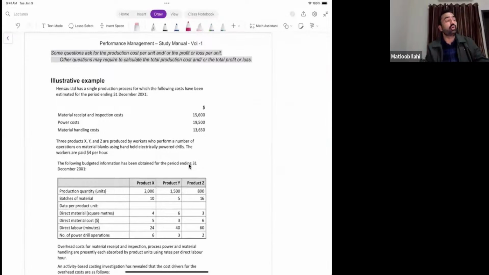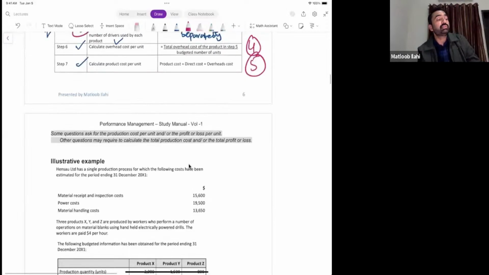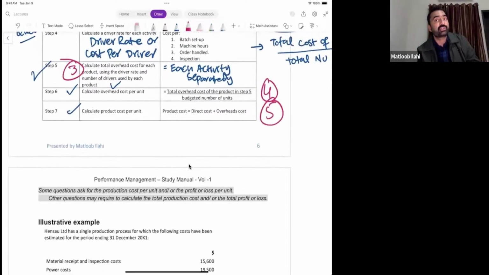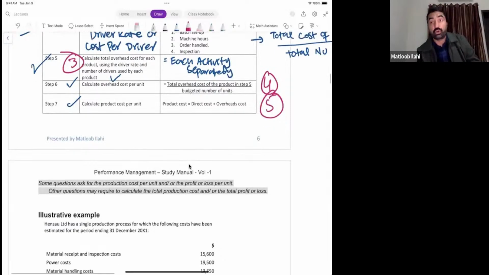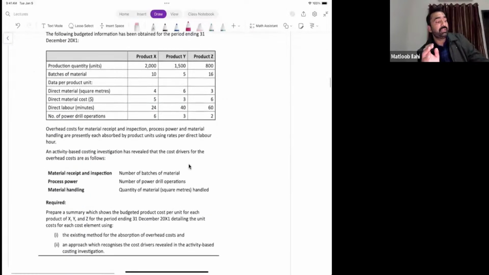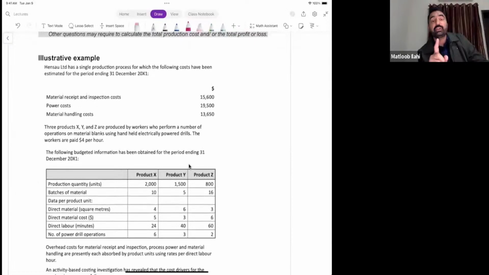So here is the illustrative example, and one note: some questions ask for production cost per unit and profit or loss per unit. Yes, some questions might even ask you. To calculate profit and loss, you need product cost. So after the product cost calculation, you can calculate the product profit or loss as well. This example will help you apply the whole ABC topic.